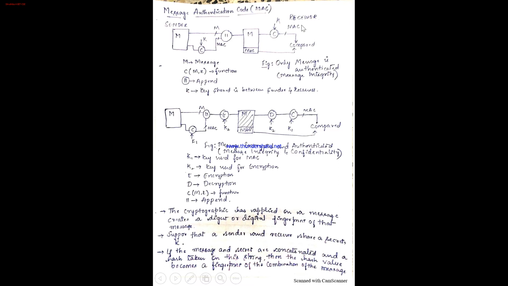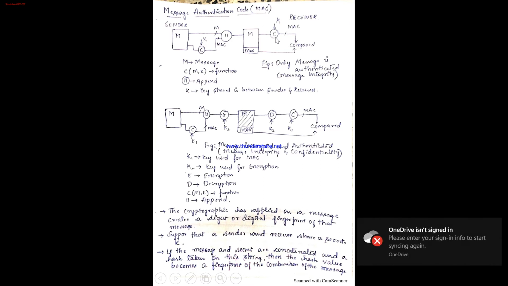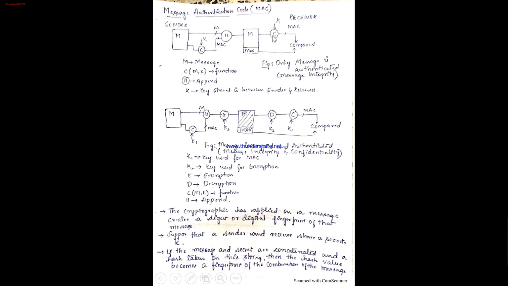What does the receiver do? The receiver will take the message and input it to the message authentication function, which will take the same key. This key K is shared between the sender and the receiver. So he'll take this key and the message as input, and result with the message authentication code, and this code will be compared with the MAC sent along with the message.